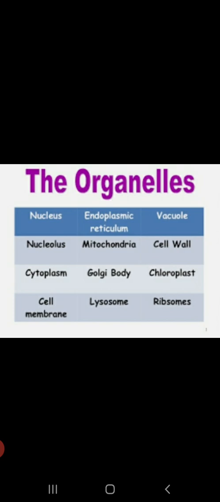These are some of the examples of the cell organelles. We will go ahead and study in short the functions of these cell organelles which are present within the cell.